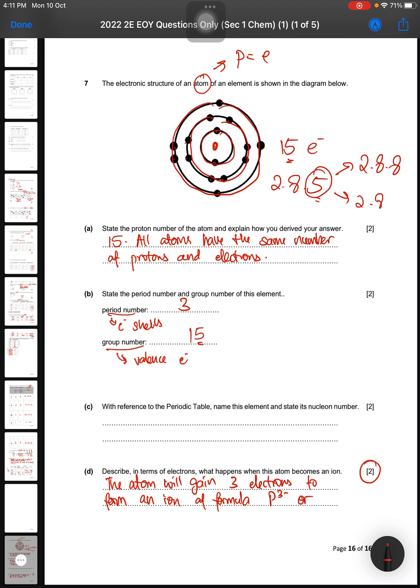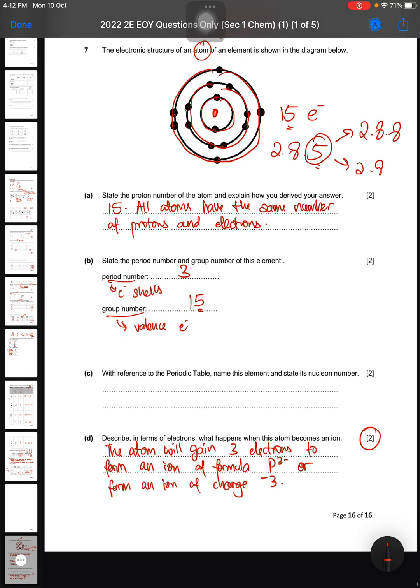Or you can say form an ion of charge -3.